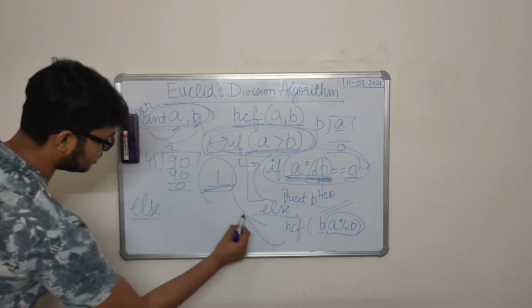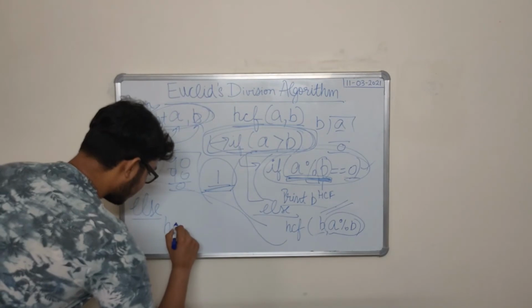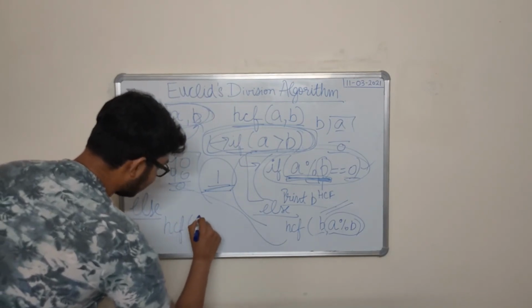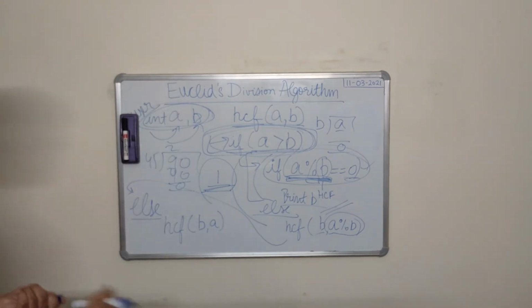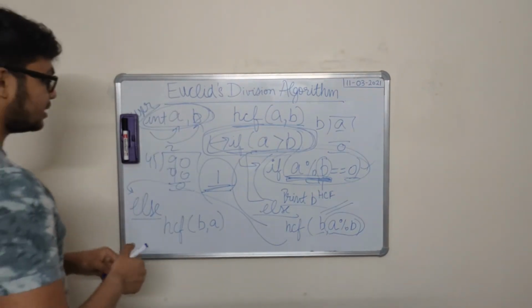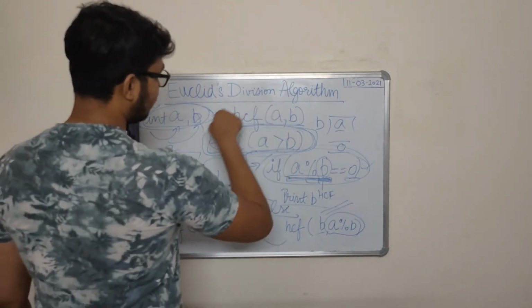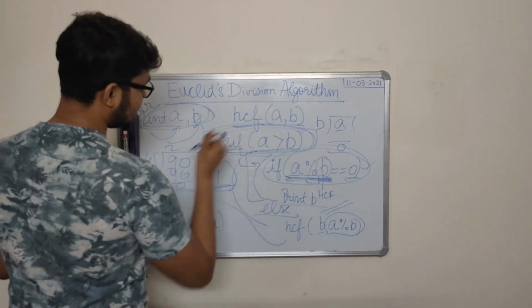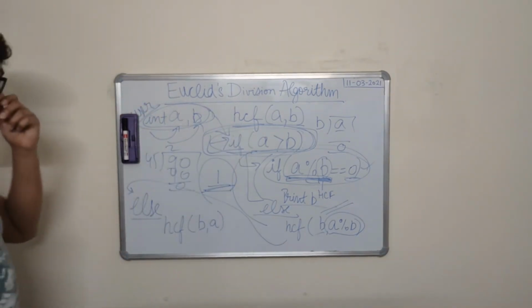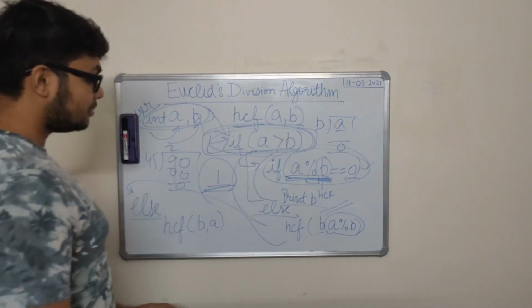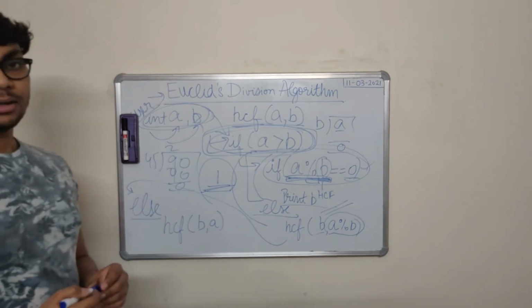So this goes like this: else, what I want to do is the HCF of B comma A. We are just reversing those numbers, making it suitable to again start from here where this condition is true. So that's how you will design an algorithm for finding an HCF using Euclid's division method.